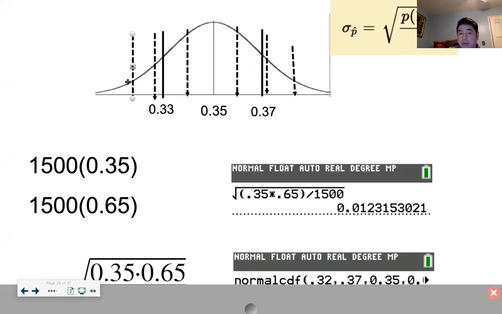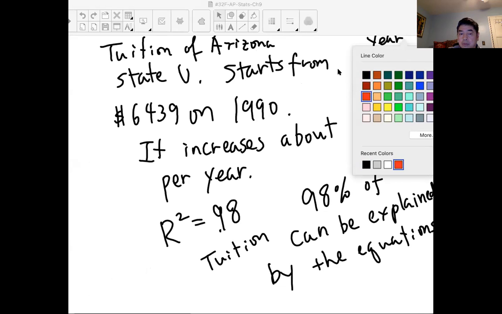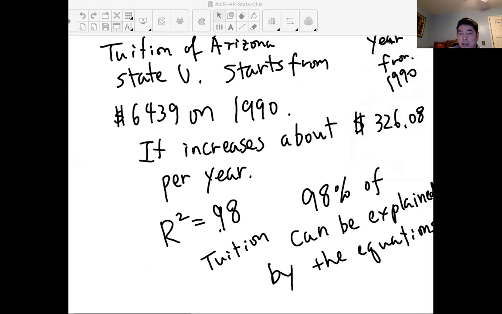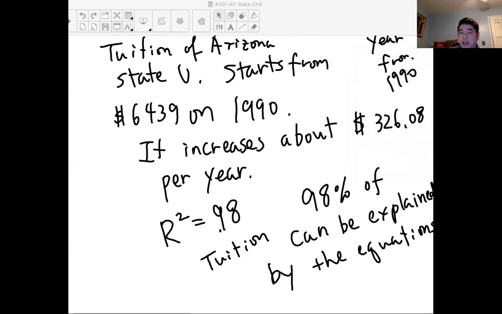That's okay. But they're asking only this red bar line. Let me change the color so you can see. Let me highlight this section. So they're asking for this probability right here.